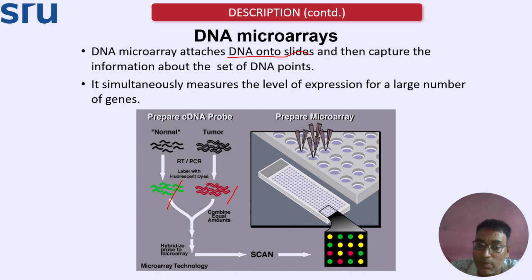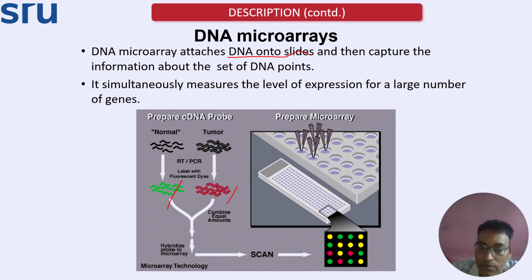Then I am getting different colors, red, green, or yellow. Depending on the relative concentration of these colors, I will be getting diverse colors in between the green and the red, which the system will be able to catch.